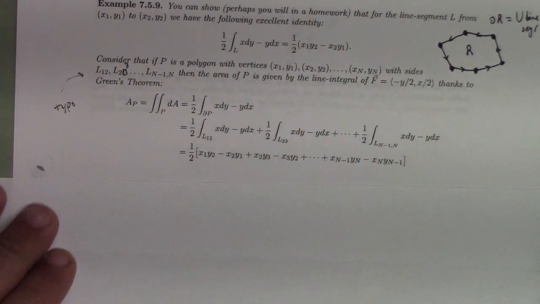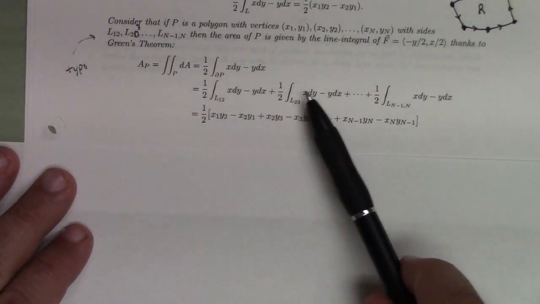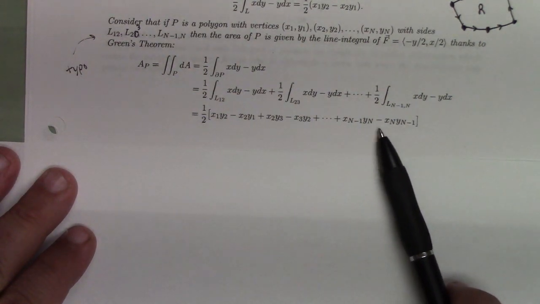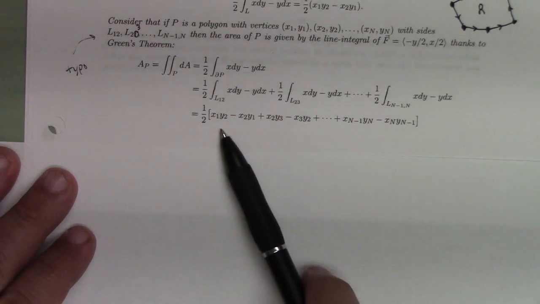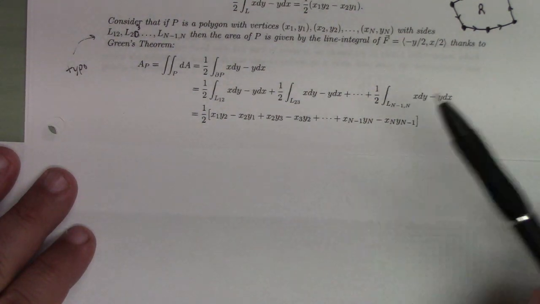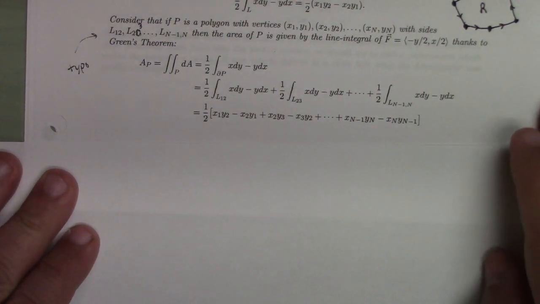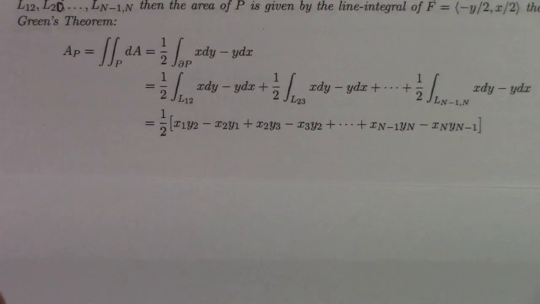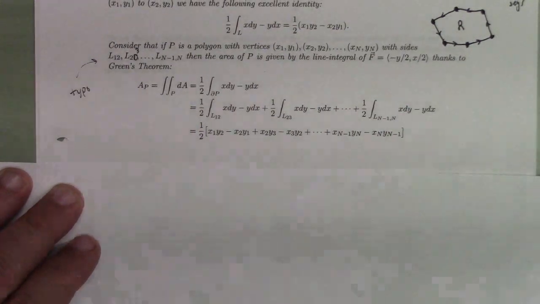So there's a formula for a polygon with vertices x1, y1 all the way through xn, yn. You just calculate that, and that gives you the area of the polygon. That's pretty cool.